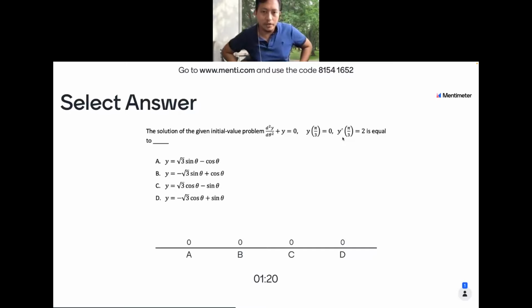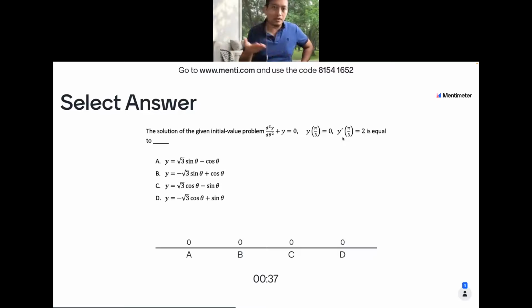You can open your notes on how to write this structure. If you have those roots, maybe it has the exponent, or maybe it has the sine or cosine, right? If you see from the options, it has sine and cosine, so probably this is going to be conjugate complex. For conjugate complex, the structure is always alpha plus beta i, where i is the imaginary number.